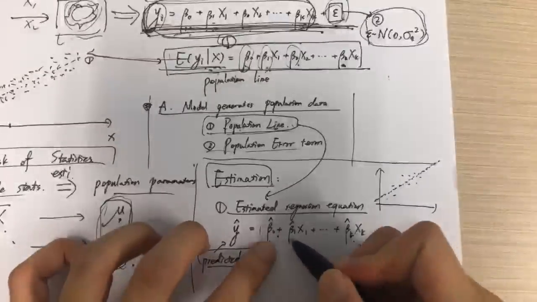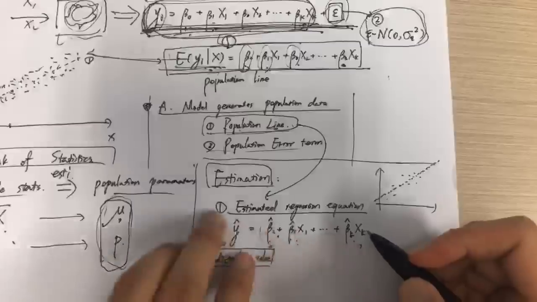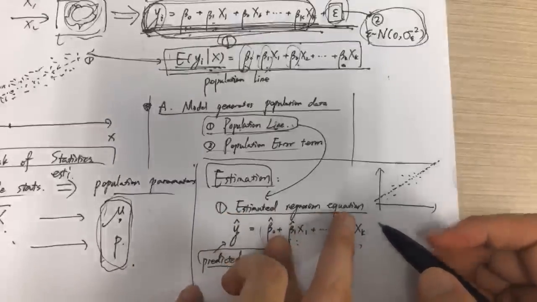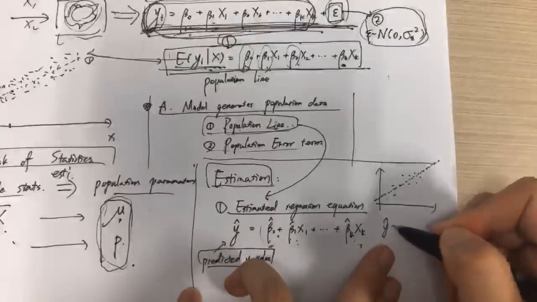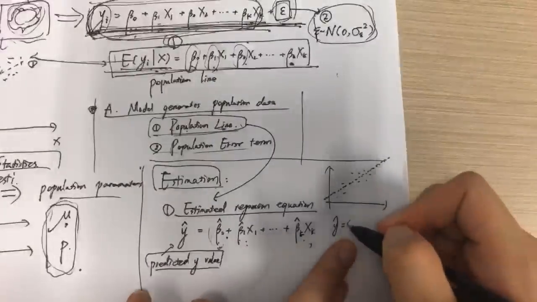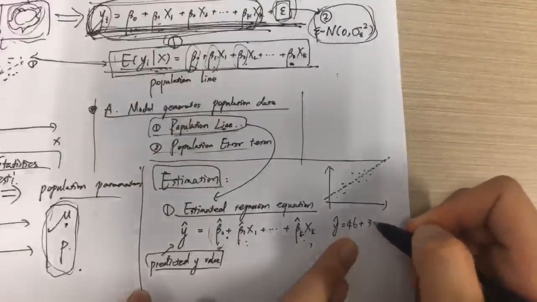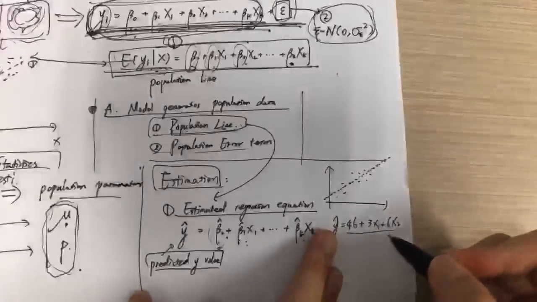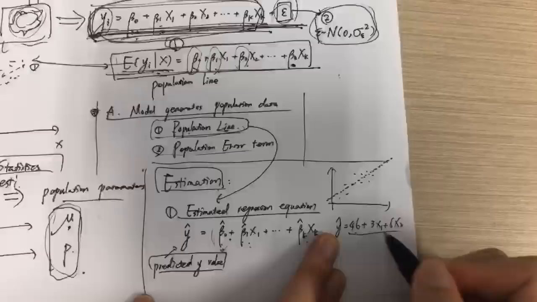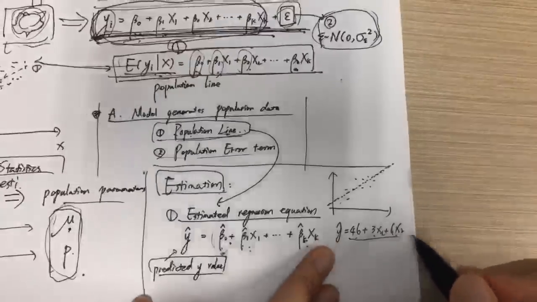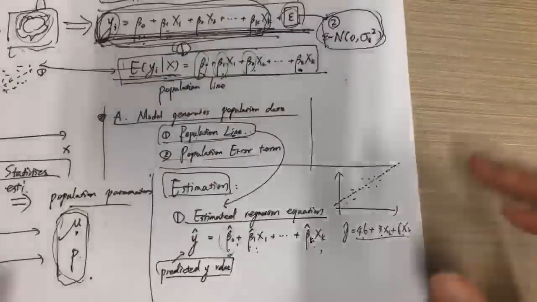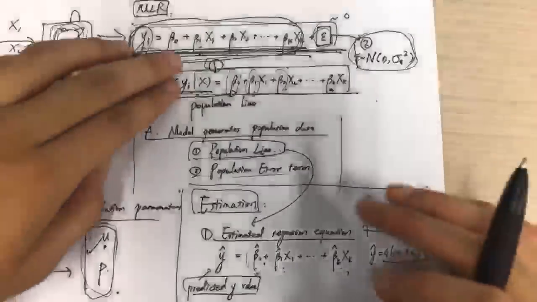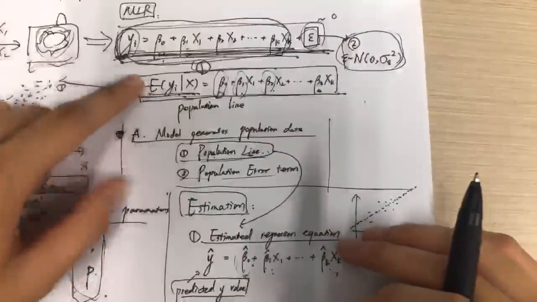So if the question asks you to write down the estimated regression equation, you should write something like this: Y hat equals 46 plus 3x1 plus 6x2, this kind of thing. This is the time you plug in all the numbers. All right, so that's the first thing you need to know.